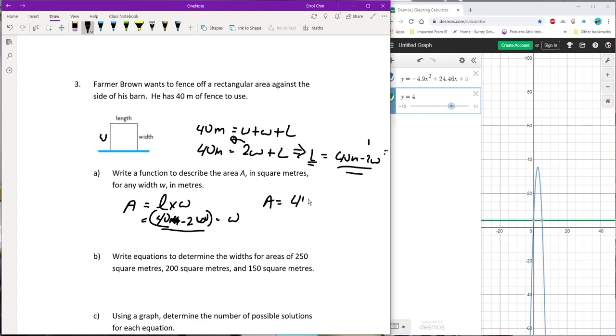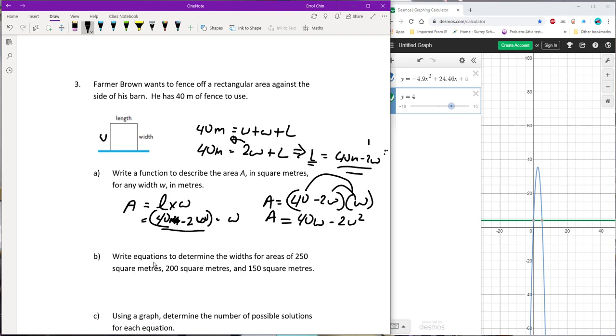So let me just write it out nicely. 40 minus 2W times W. Well, if I were to distribute, and this is from Math 10, that would be 40W minus 2W squared. So we have an expression for area, okay?